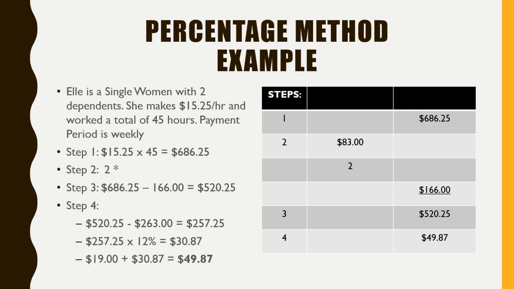All right, and what I'm going to do is I'm going to take that amount and multiply it by my percentage, which is 12%. And that's going to give me a grand total of $30.87. Plus, I have to also include the $19 that the government is going to charge me regardless of whatever I made. All right? And now I get a determining number of $49.87 in total federal income tax withholdings.